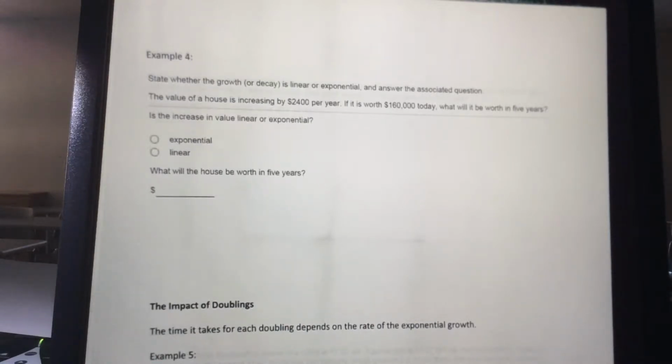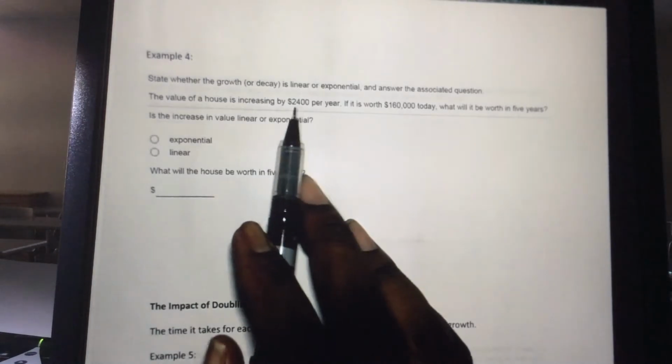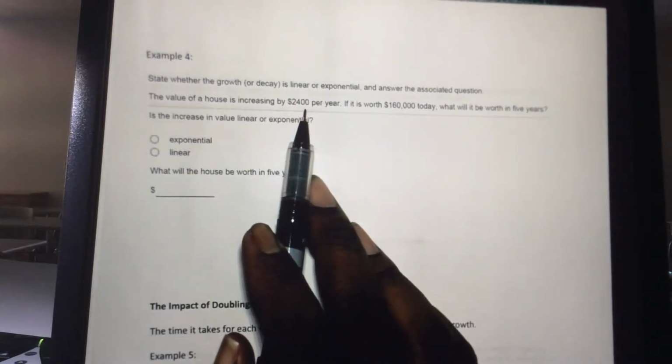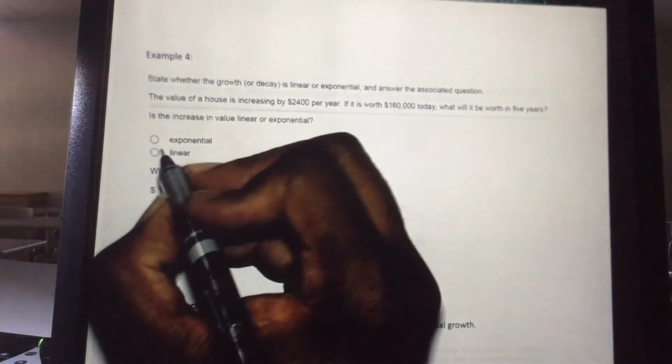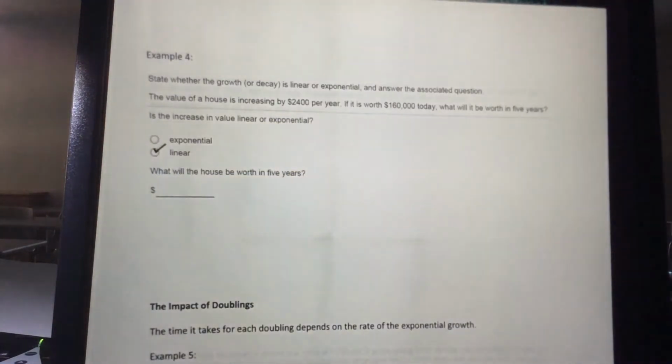In this case, it's increasing by an absolute amount of $2,400. So this will be a linear growth. It's increasing by a dollar amount, by an absolute amount.